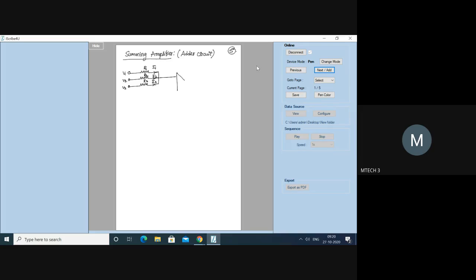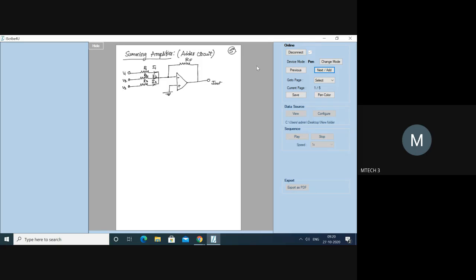This is taken into the non-inverting terminal, the positive one, which is grounded. This is your Iout. And there is a feedback resistance, called RF.